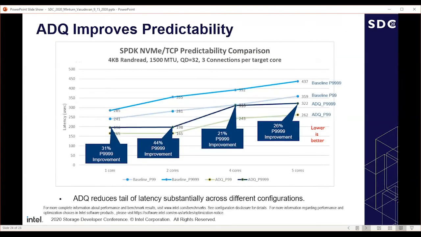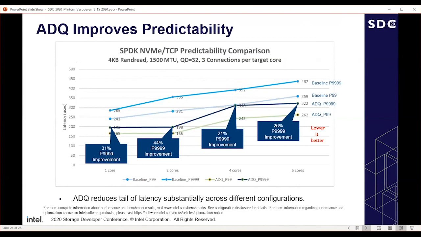We also wanted to show how ADQ improves predictability. One of the key aspects of ADQ is improving predictability, and predictability is very important for workload scaling, especially as you scale out.